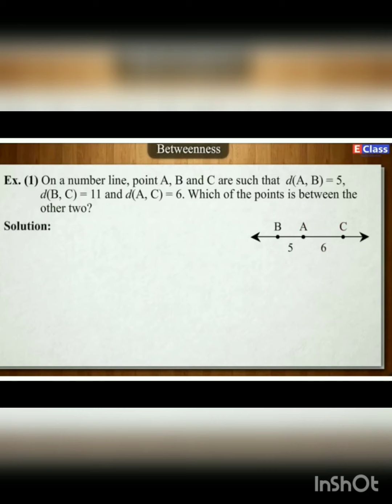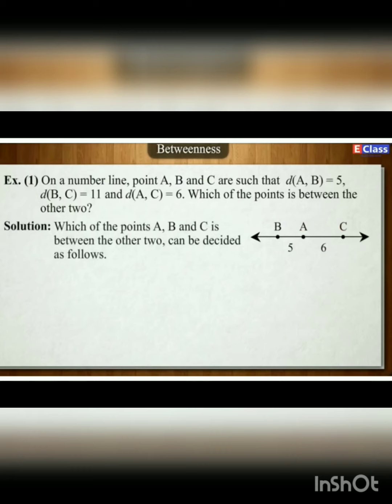Solution. Which of the points A, B and C is between the other two can be decided as follows. Distance of BC is equal to 11. Let us mark this equation as 1. Distance of AB plus distance of AC is equal to 5 plus 6, which is equal to 11.